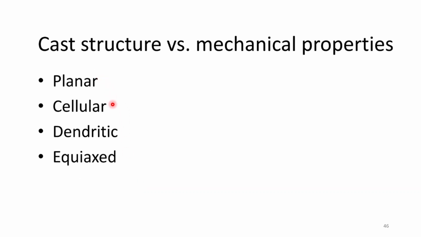There are various types of structures possible in casting, such as planar, cellular, dendritic and equiaxed, based on the size of the mold, the thermal conductivity of the mold, and the cooling rate. All these determine the final microstructure of your material, and your mechanical properties are related to that. So if you have an equiaxed structure, it will have better properties compared to dendritic and cellular structures.